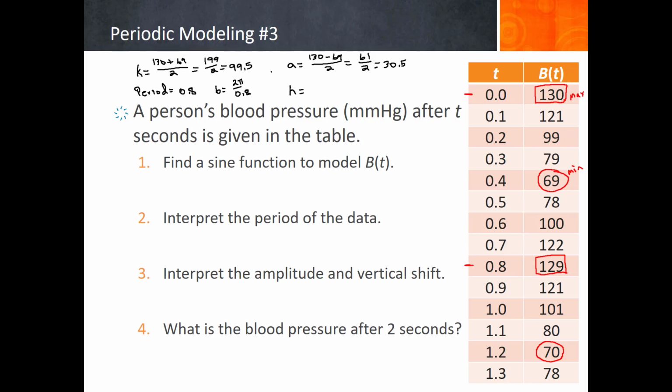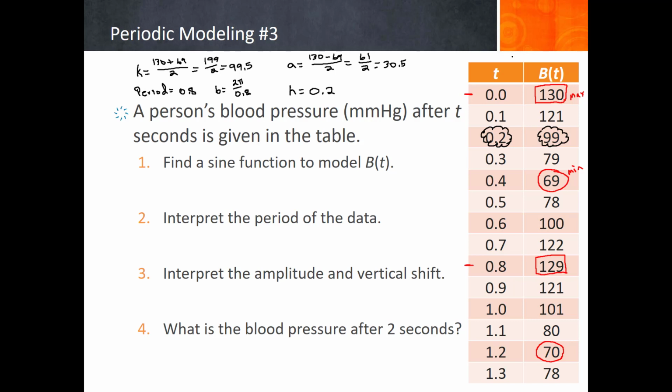So looking at the table, where's the first time the blood pressure reaches 100? So it reaches 100 here at 99. Okay, and that's at 0.2 seconds. That's pretty close to 100. So I'm not going to do anything fancy. We're just going to say that H is that 0.2.